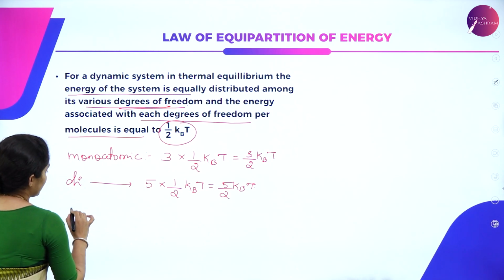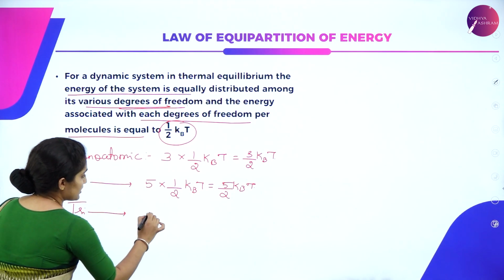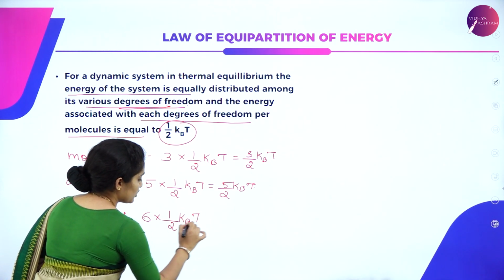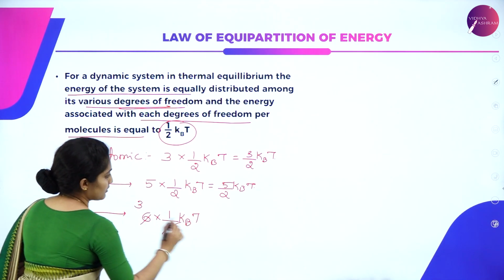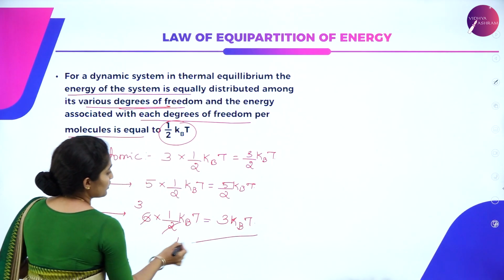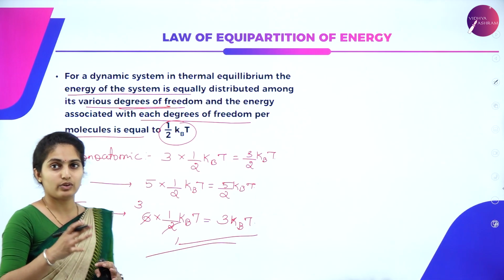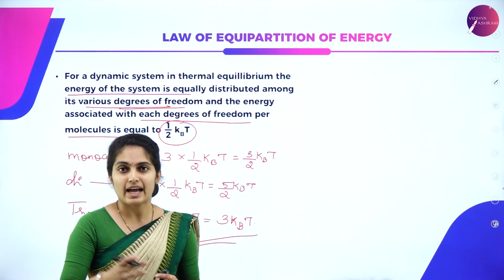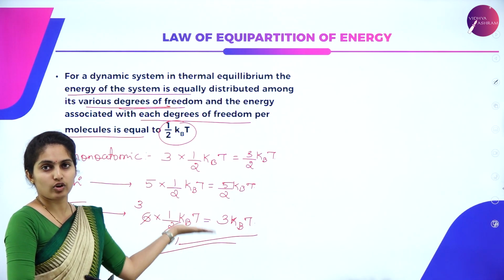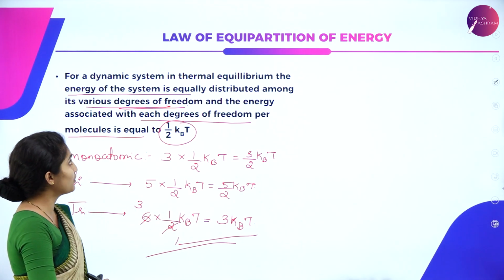For triatomic gases, you have 6 degrees of freedom, so 3 kBT. So this is how the law of equipartition of energy holds and how the energy is distributed with respect to monoatomic, diatomic and triatomic molecules.